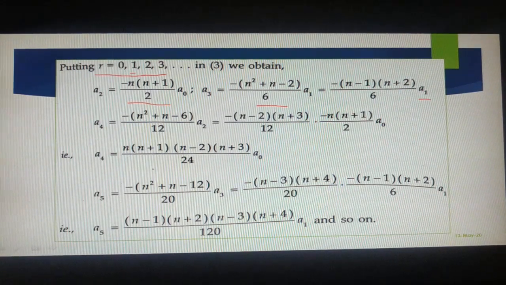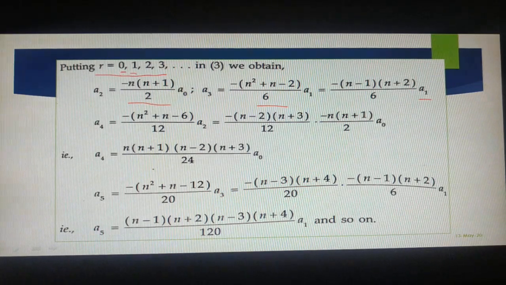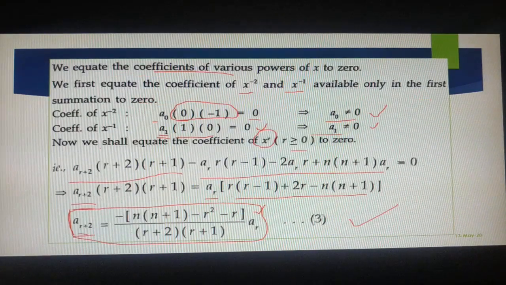Now we got a3, you can go for a4. So how to get a4? Already we used r is equal to 0, r is equal to 1, and now I am using r is equal to 2. If I take r is equal to 2 in this recursive formula, I will get a4.